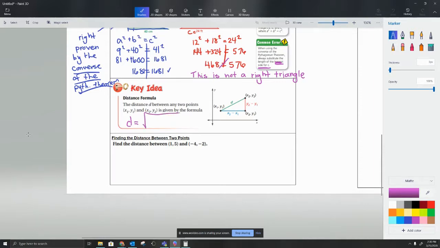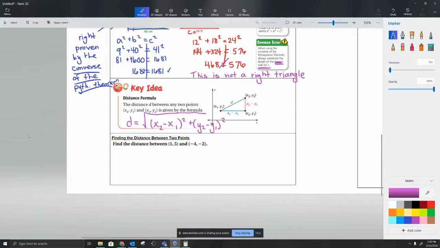It's a little crazy looking. So we have a square root symbol, then we have the second x value minus the first x value squared plus the second y value minus the first y value squared.